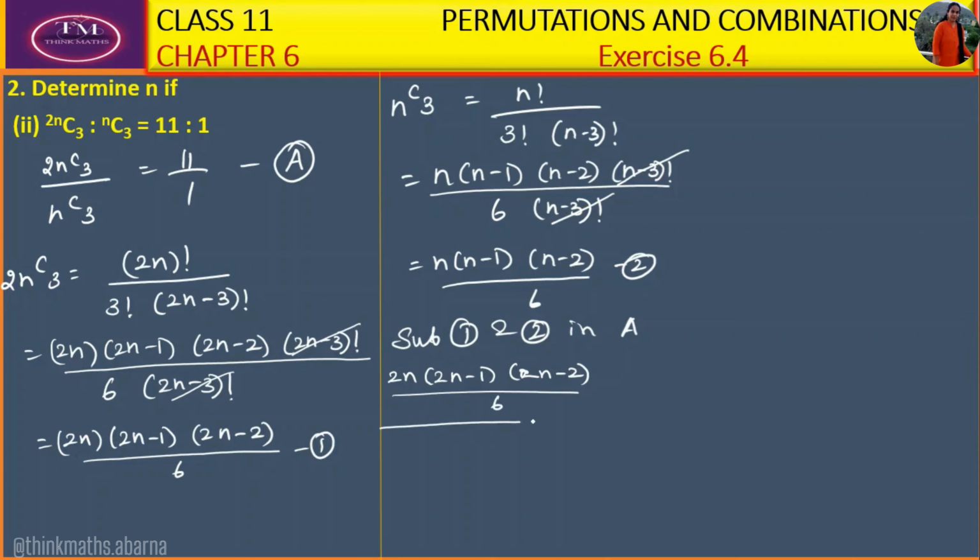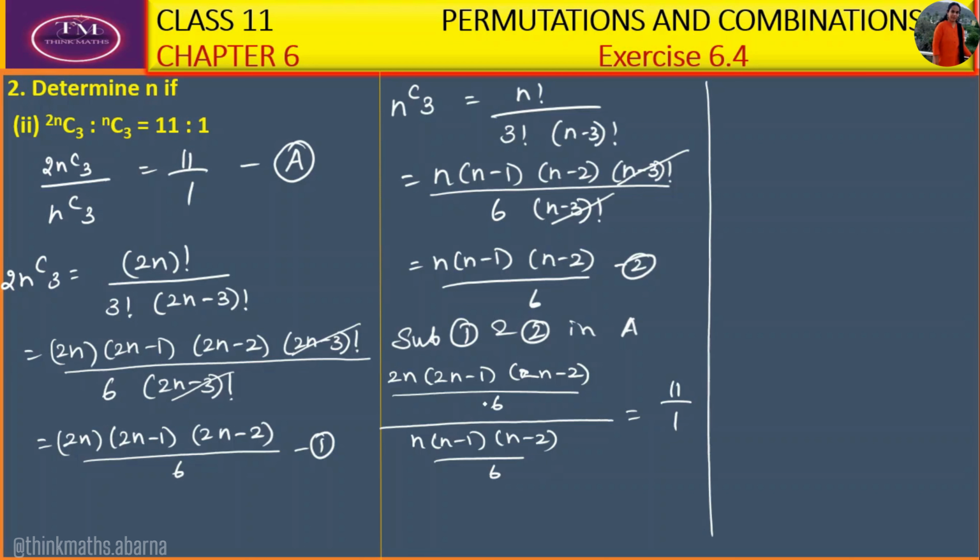Instead of nC3, we substitute the second part: n into (n minus 1) into (n minus 2) divided by 6. On the right hand side, we have 11 by 1. Now in both numerator and denominator we have 6, and this 6 gets cancelled. So remaining we have 2n into (2n minus 1), and here you have 2n minus 2.